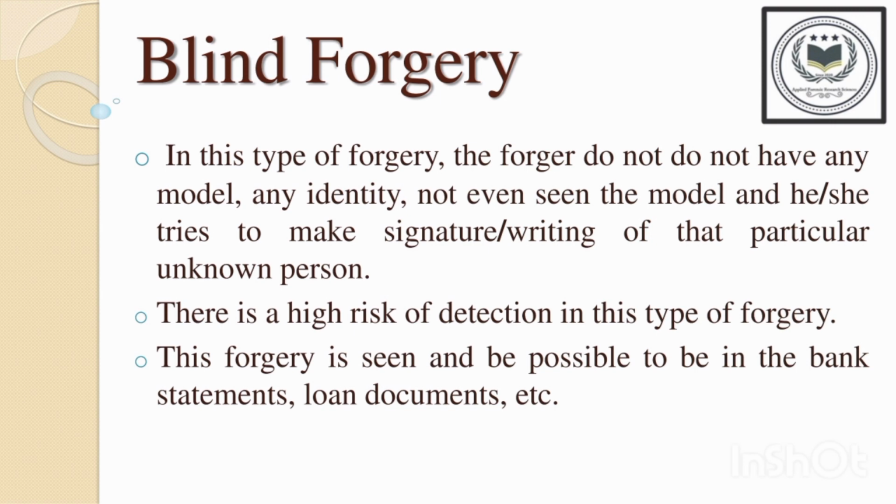The next type of forgery is disguised forgery. In this type of forgery, the person is himself a forger. He or she tries to deny the signature or writing as his or her own in future. This type of forgery is usually seen in bank checks or any document which he or she wants to deny in future.